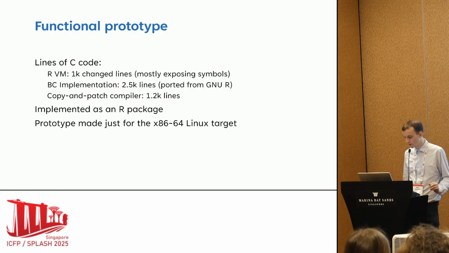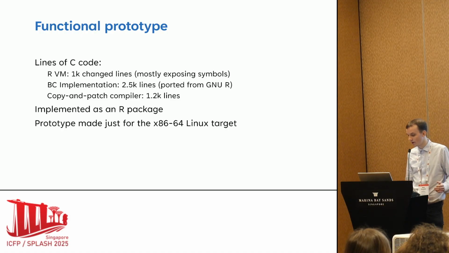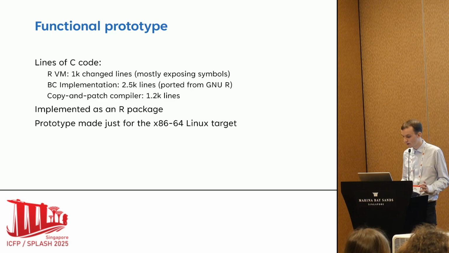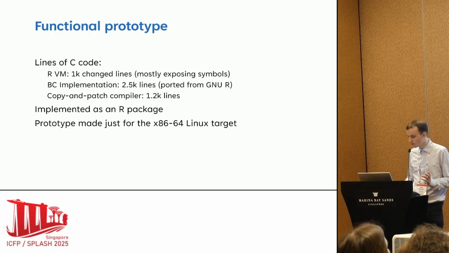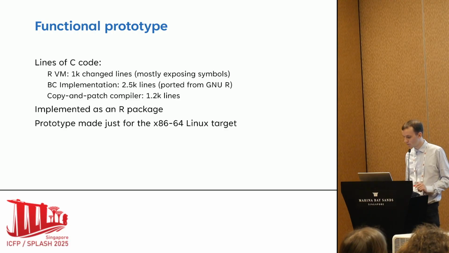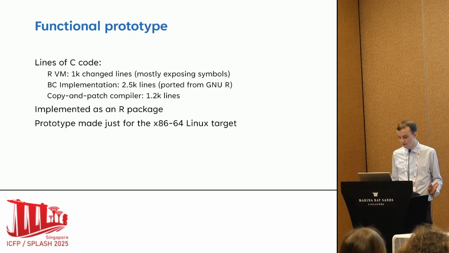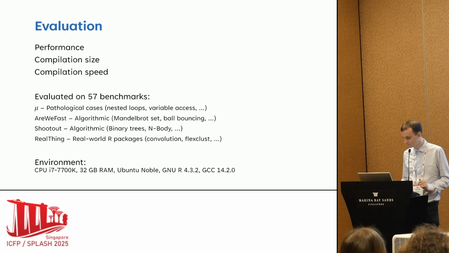The bytecode implementation took around 2,500 lines, being ported from the GNU R, and finally, the copy and patch engine itself is built around 1.2 thousand lines of C. The compiler is implemented as an R package, but at the moment requires the use of a modified GNU R environment, as we've discussed with the exposed symbols. If GNU R decides to build an interface that compiles, this could hopefully change in the future, but it's not at the moment. The prototype we made also supports only the x86-64 Linux architecture.